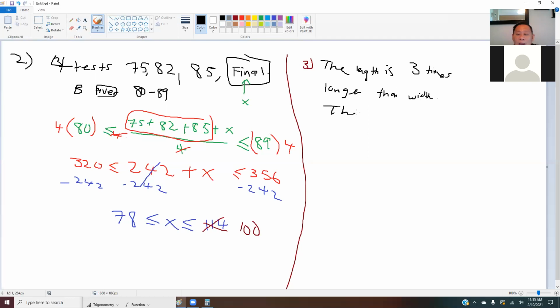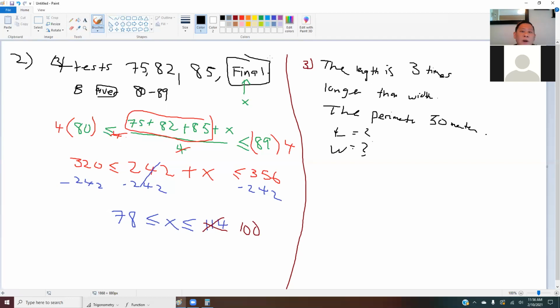And let's say that the perimeter in this case is 50 meters, for example. What is the length, and what is the width? So this is the last question that you get for word problems.